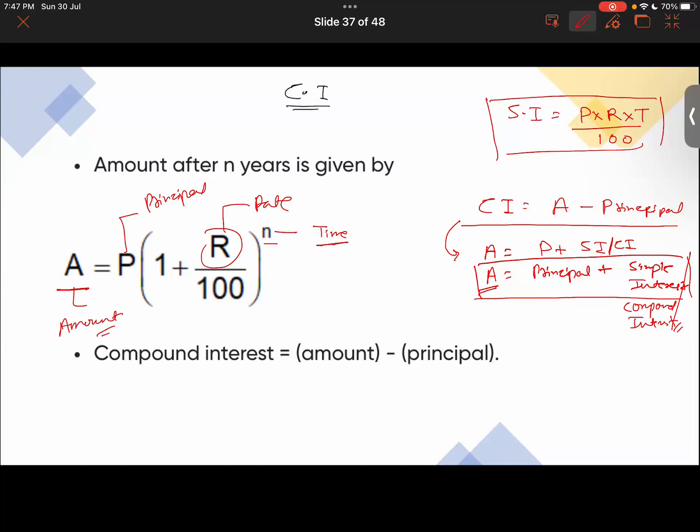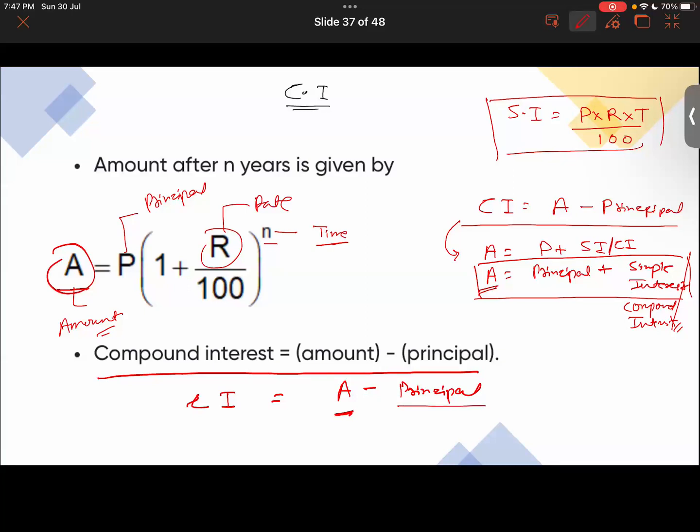And compound interest can be simply A minus principal. Using this formula, you can calculate compound interest. So once we have got the amount, and the principal will be already given to you, then you can easily calculate the compound interest, right? Yes. Okay. So earlier we had one example, no?